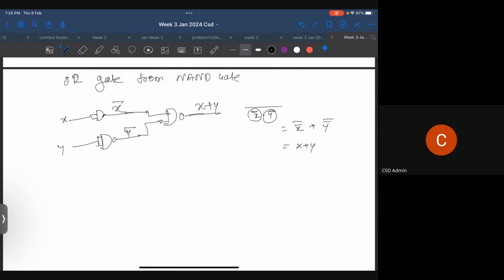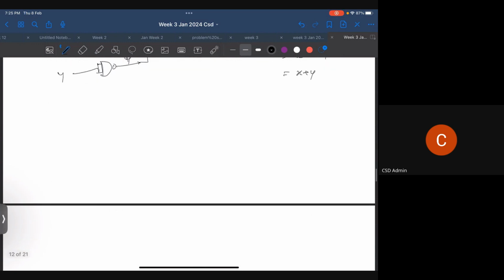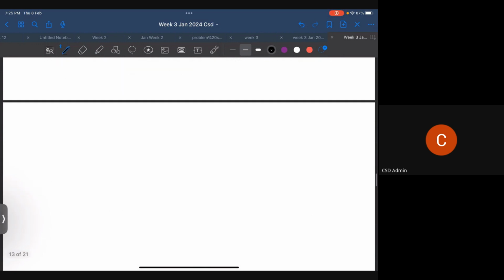Okay. Now the XOR gate using NAND gates. So we have to design the XOR gate using NAND gates.